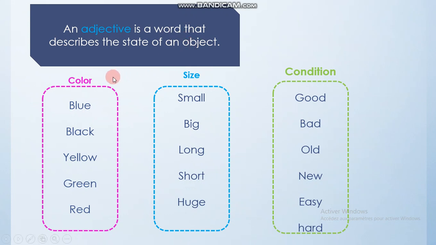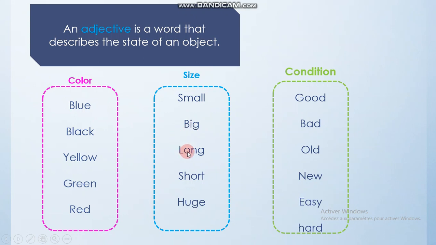And we can not only use adjectives to tell about colors. You can also use adjectives to tell about size. I can tell you about something that is small, big, long, short, or huge. Huge means very big.